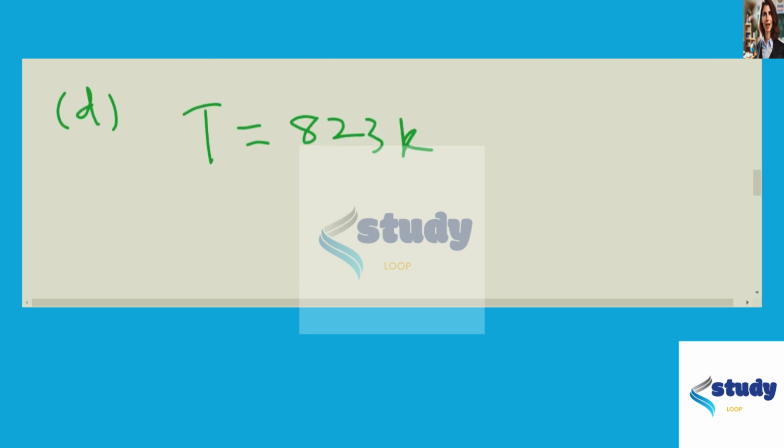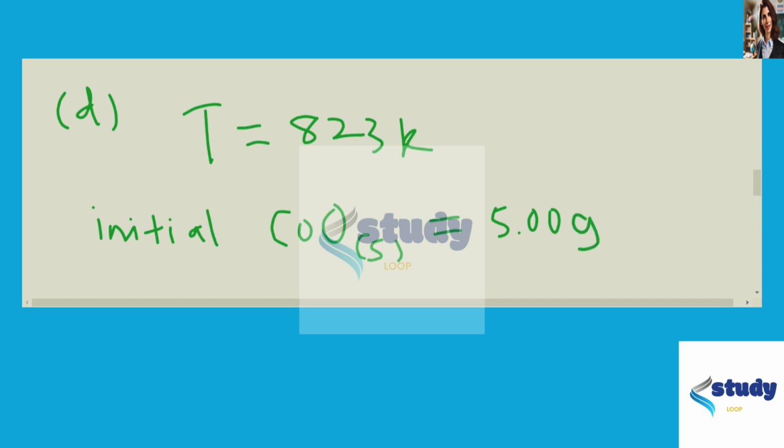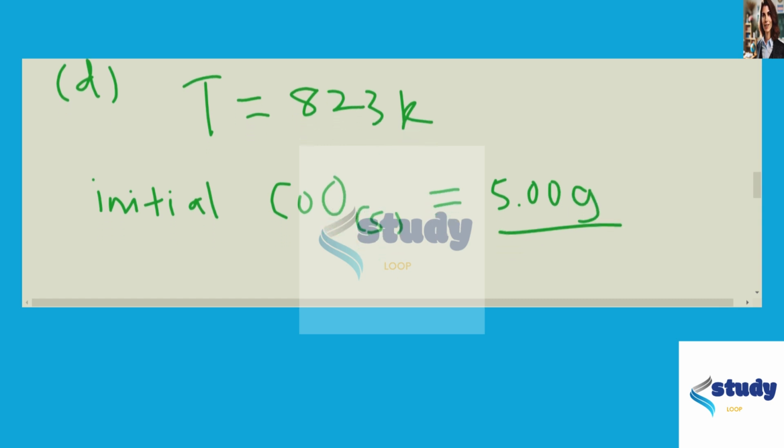So we can calculate the number of moles of initial cobalt oxide from the 5 grams that were inserted into this tube. So initial cobalt oxide solid is equal to the mass 5 grams divided by the molecular mass of that, which is 74.9326 grams per mole.